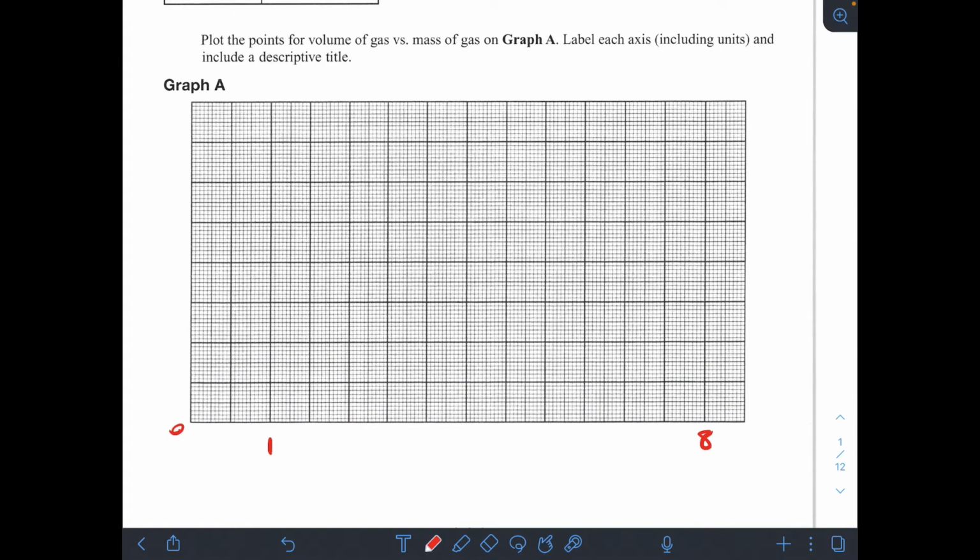So we'll have 0, and I would put probably like 5 up here and space everything out in between. Make sure you have a label with units for both axes. Okay. You also need to make sure that you have a title, and this goes for every single graph.